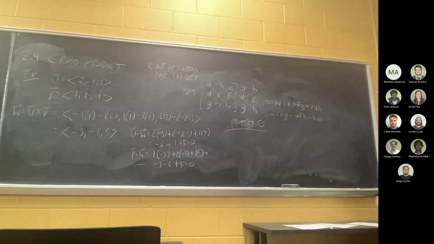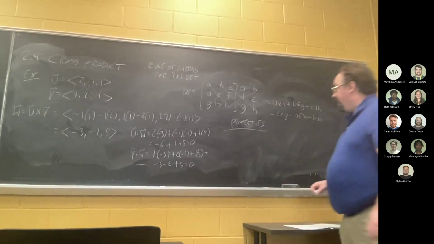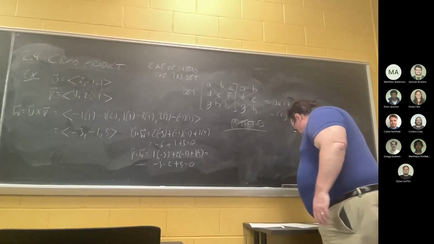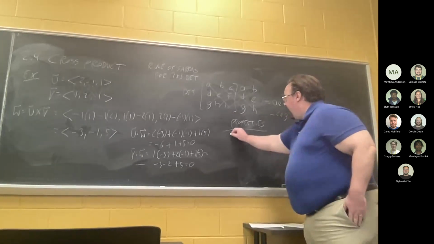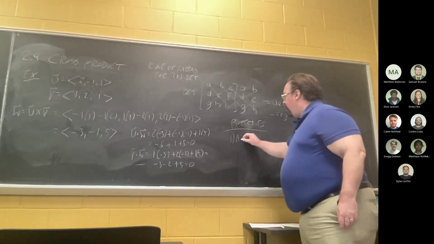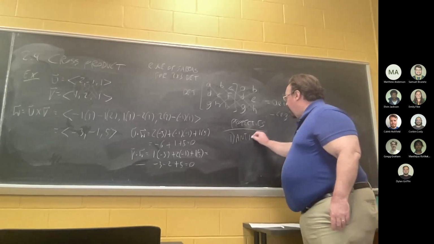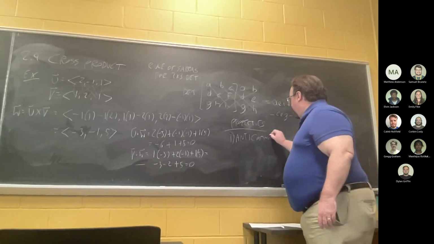All right, so here are some properties of the cross product. First, the cross product, unlike the dot product, is not commutative.